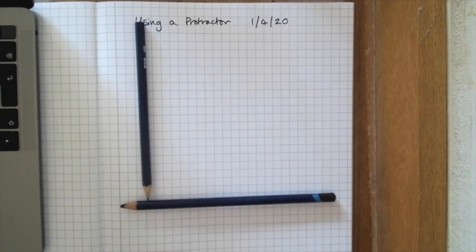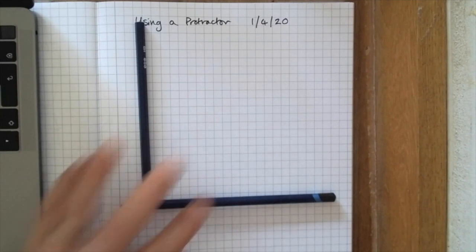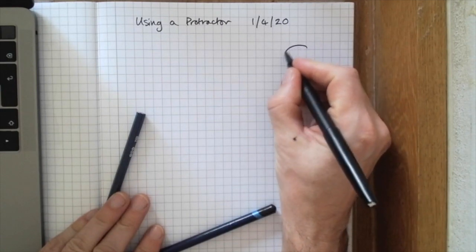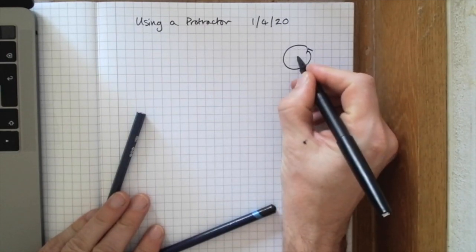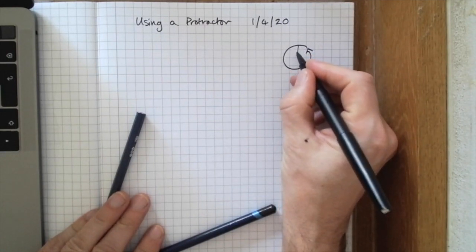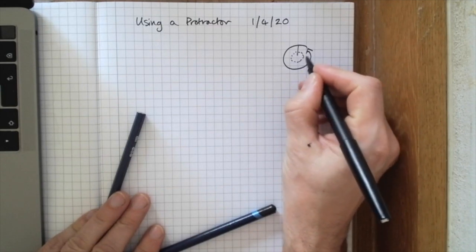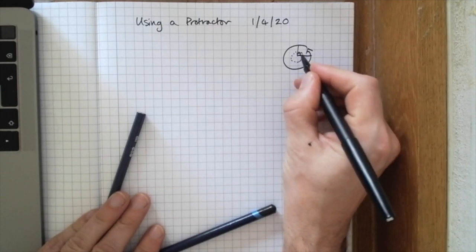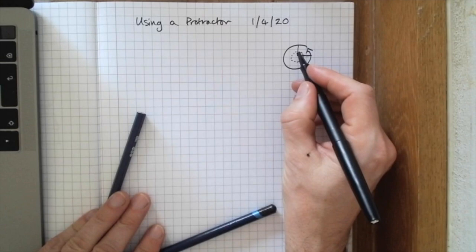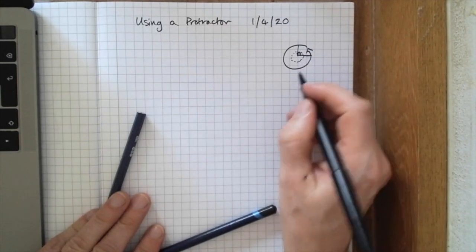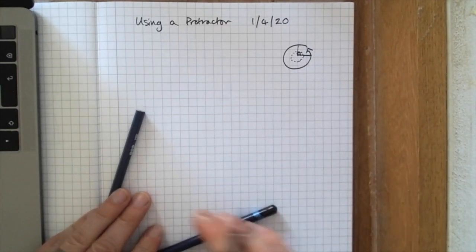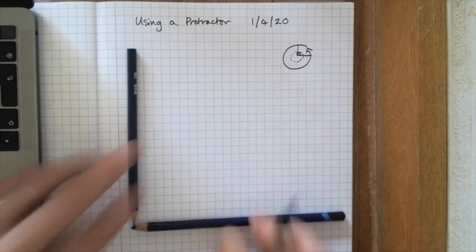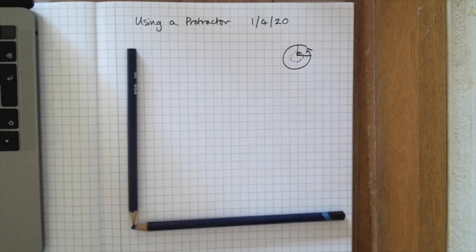And many of you will know that that is 90 degrees. If we think about degrees, all the way around in a circle will be 360 degrees. So the right angle, which is an L shape, is going to be 360 divided by 4, so 90 degrees. We might know that, but sometimes it's quite difficult to visualize what measuring an angle might be.